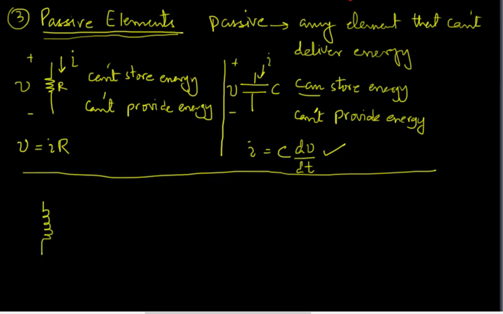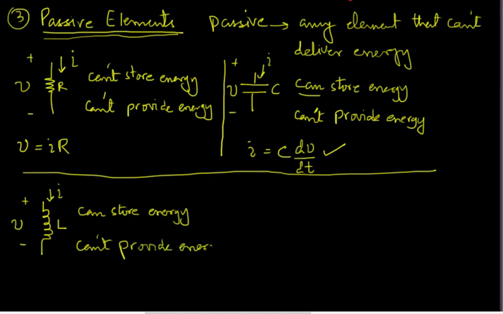And inductor is simply a coil, and it's represented by inductance L. Assume a voltage across the inductor V, just like a resistor, and some current going into the inductor. And again, the inductor is a device that can store energy for small periods of time, and it cannot provide energy indefinitely.